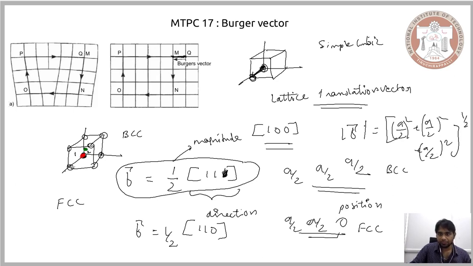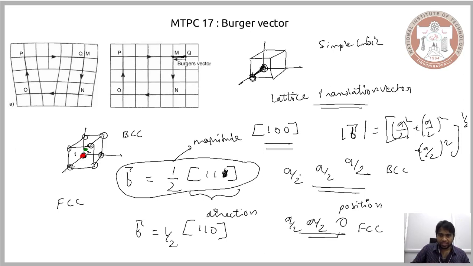Here we are confining ourselves to the BCC crystal structure, and we are talking about a Burgers vector which has the magnitude of the interatomic spacing between the corner and the body centered atom, and in that case the magnitude of the Burgers vector can be calculated by this expression, wherein we are exclusively talking in terms of the interatomic distance.